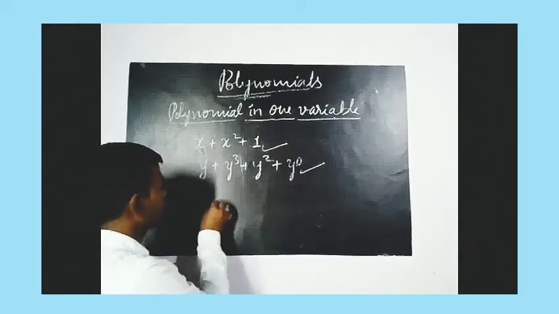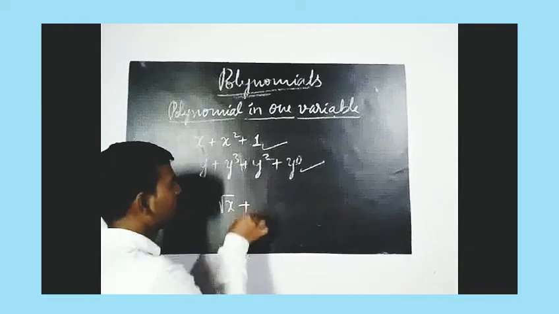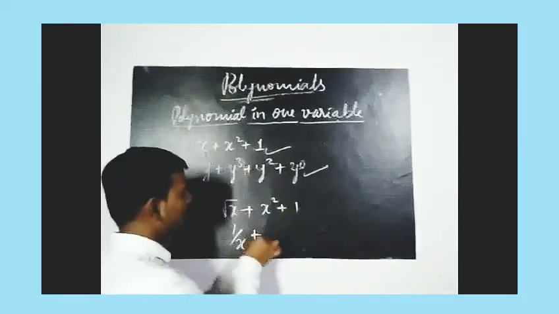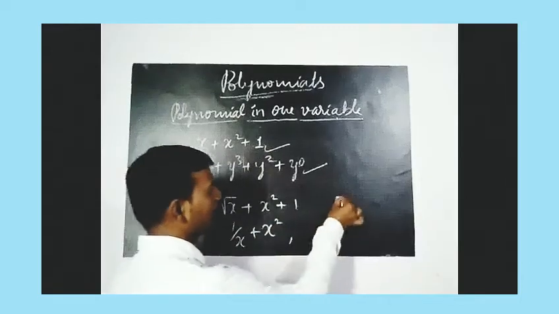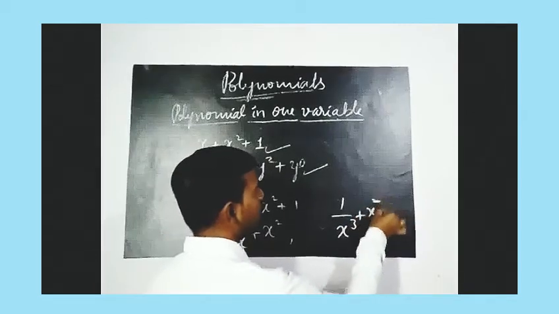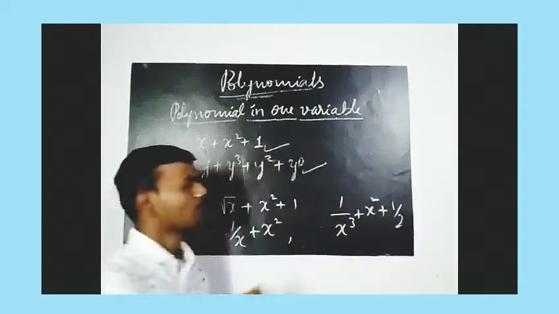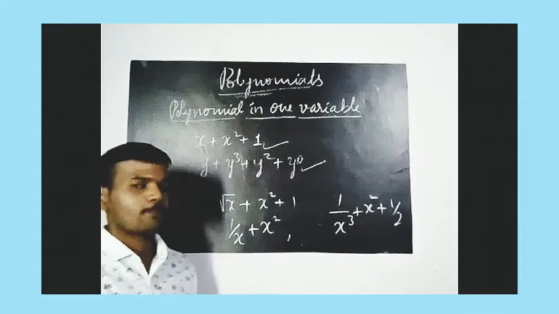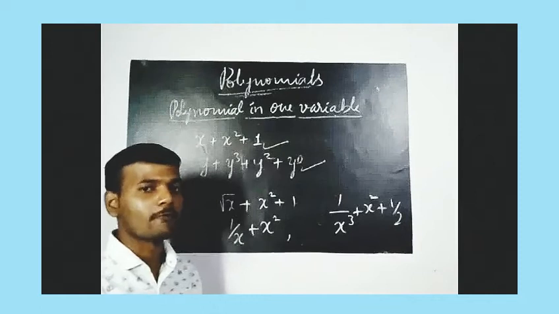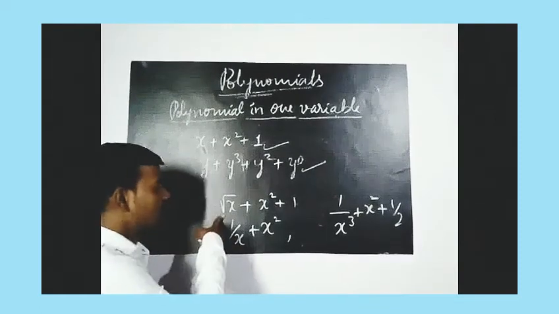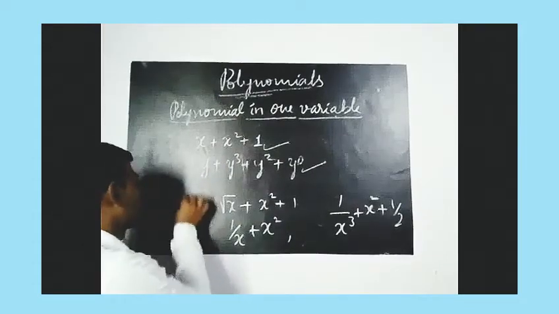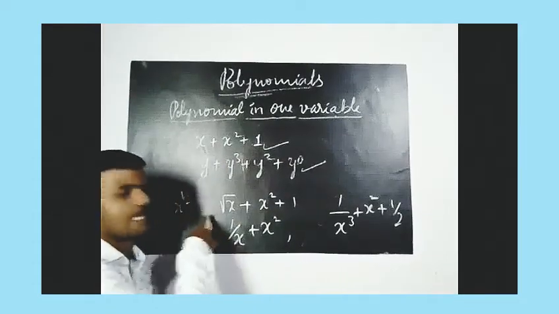Look here: x root x plus x square plus 1 by x plus x square, 1 by x cube plus x square plus 1 by 2. All of these are algebraic expressions, but they are not polynomials. Why? Here, the exponent of x is 1 by 2, since root means 1 by 2.